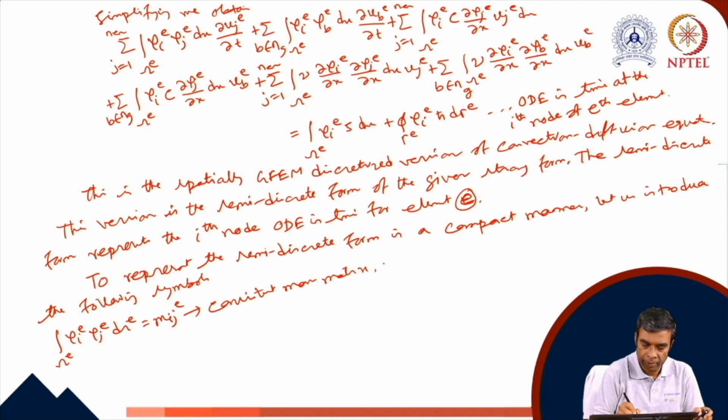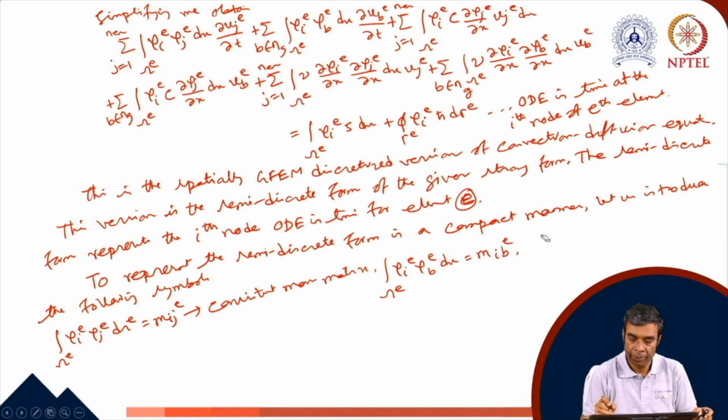So integration over omega e psi_i^e psi_b dx equals m_ib. Next we have the flow terms.